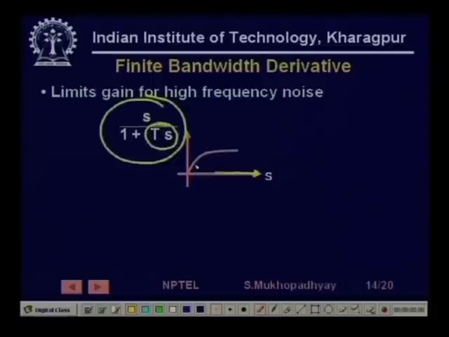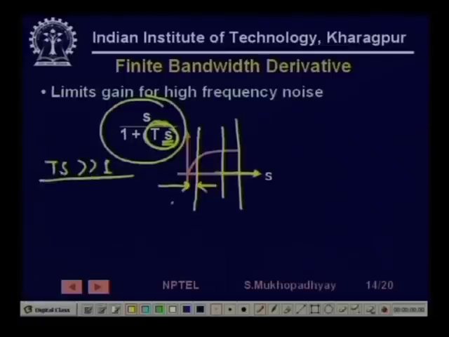So, it acts like s in this part of the region, while in this part of the region where s is large, Ts is much greater than 1, and therefore this gain becomes equal to 1 by T. So, this level is 1 by T.